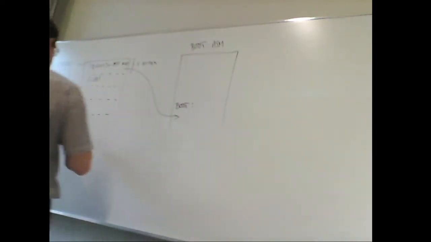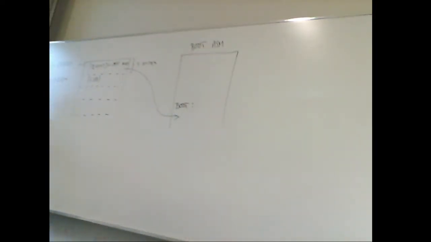Similarly, we have one of these vectors here pointing into the code, for example, for the GPIO interrupt.